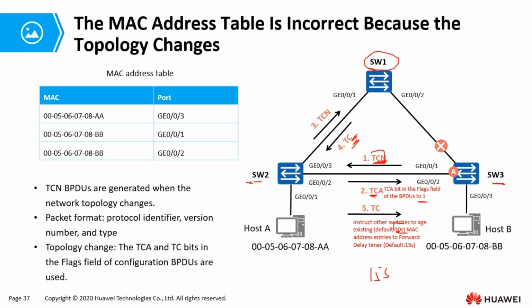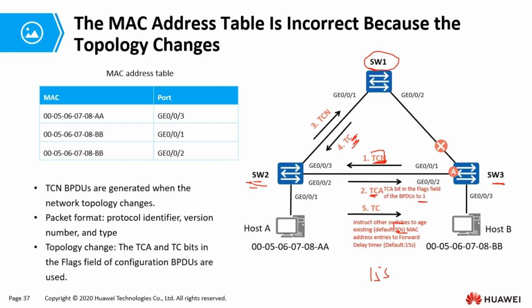So that means the incorrect MAC address entries on switch 2 will be flushed, automatically deleted after 15 seconds at the most, and then they will start to learn the source MAC addresses again and forward the packets based on the correct ones. So this is how they handle it, flushing the old MAC address table according to the forward delay of 15 seconds.